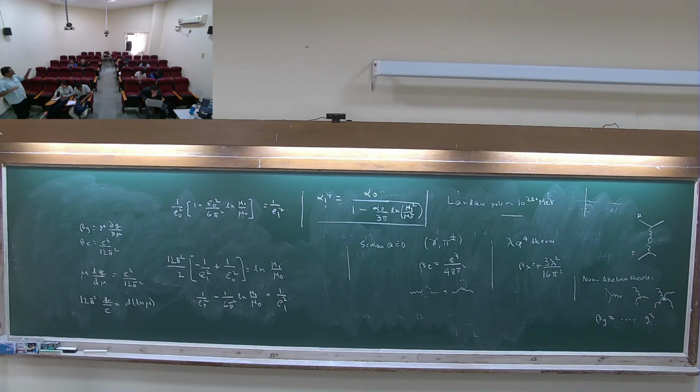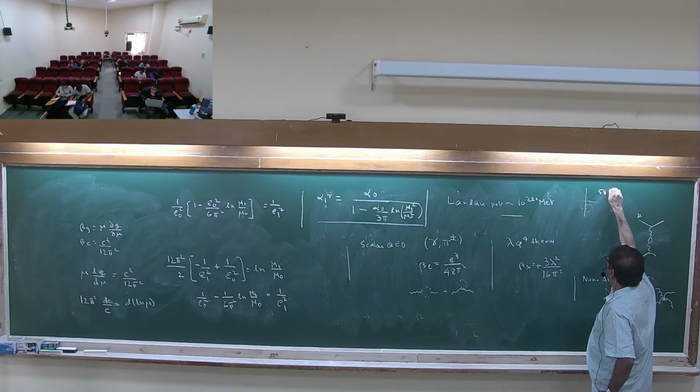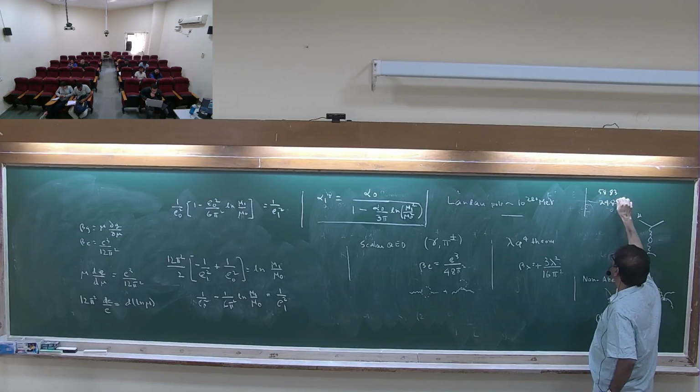Now, I have only given equations of straight lines over there, as you can see. Three straight lines which we later plot. So the first one is 58 point something. What is it? 58.8. And the other one is 29.85.